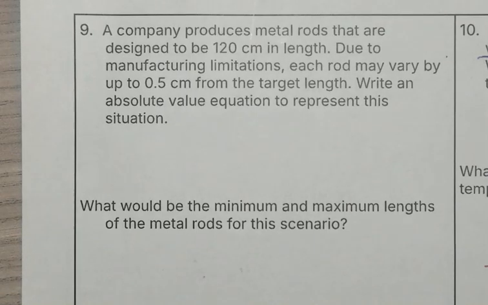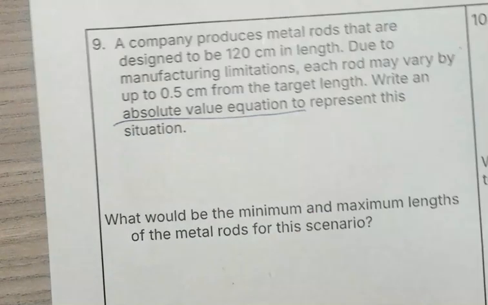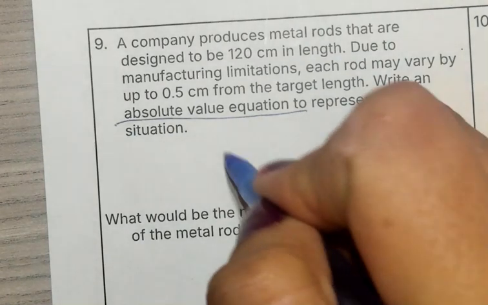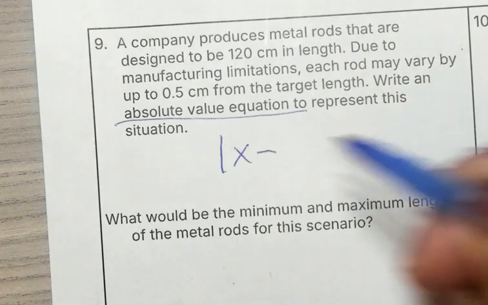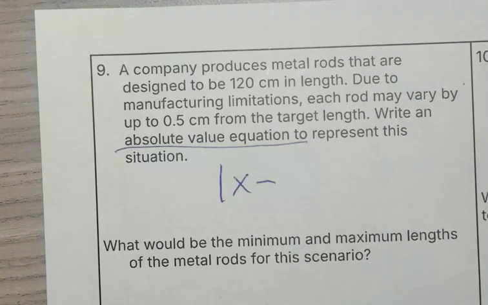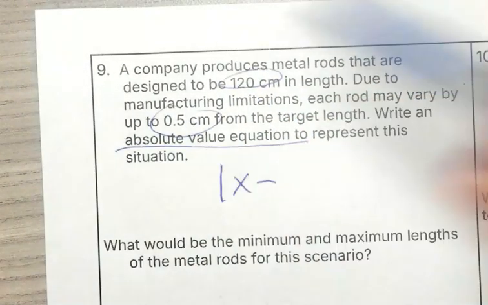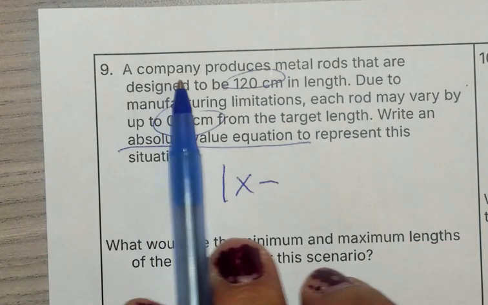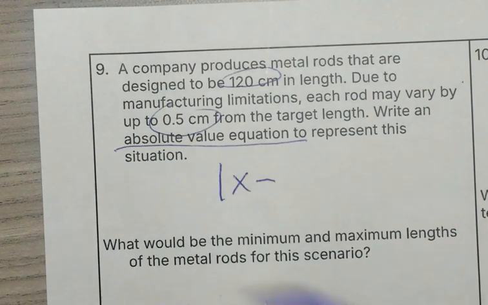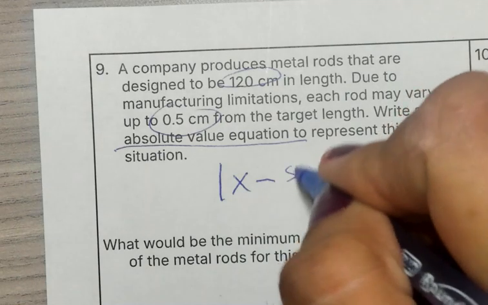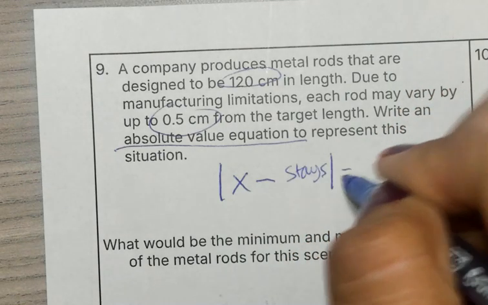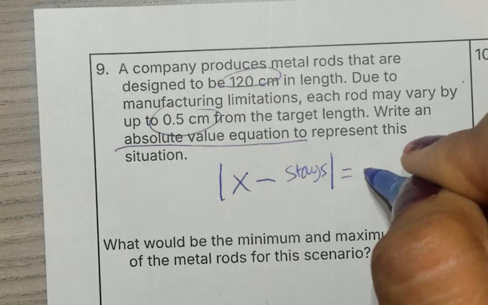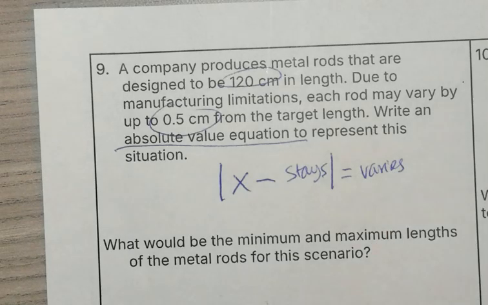All right, last question in the review is this word problem, writing an equation. All the absolute value equations start with absolute value x minus, and you want to look at the numbers that they talk about, basically which one of these values doesn't change, the one that stays the same, and then it equals the value it varies by or changes.